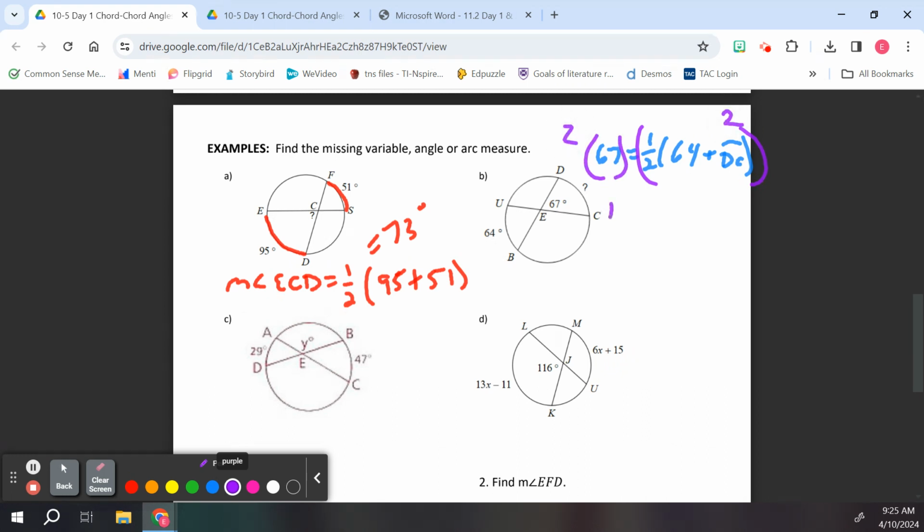This is going to give us 134 equals 64 plus DC. And then we're going to subtract 64 from each side. So in this case, the measure of arc DC is going to equal 70 degrees.